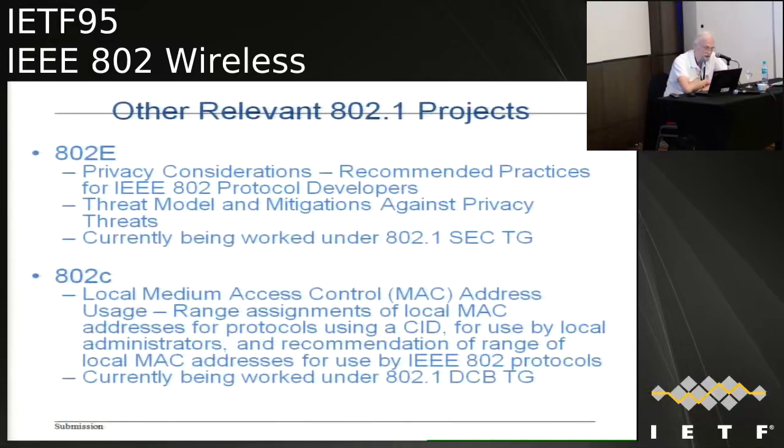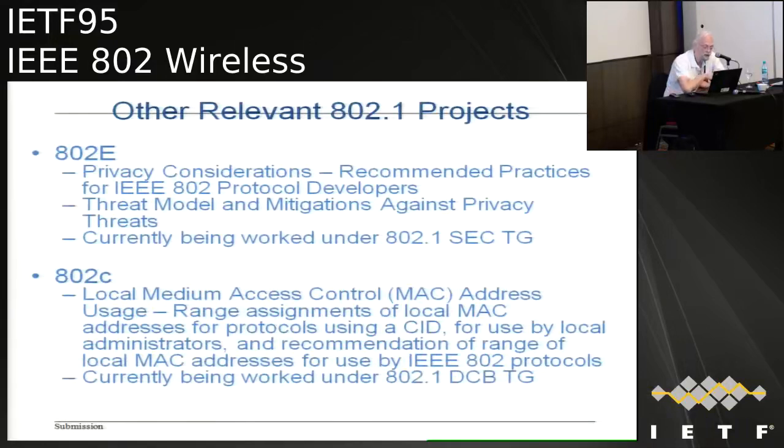So this is currently being worked on under 802.1 in the security task group. And again, if you want information about this, JC Zuniga is an excellent person to contact. He's also co-chair of Interior Working Group, so he'll be here.